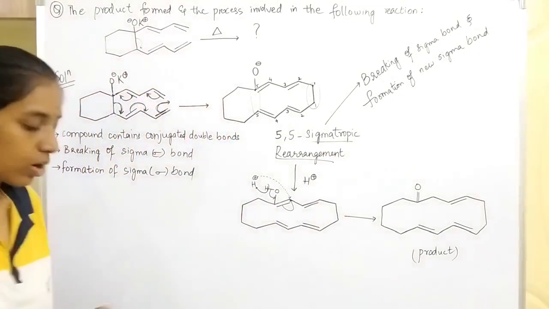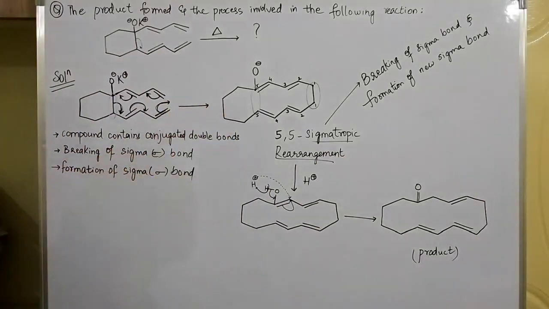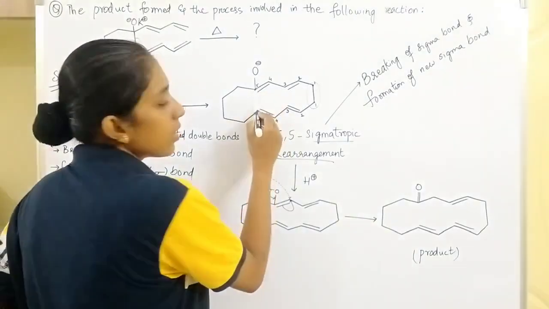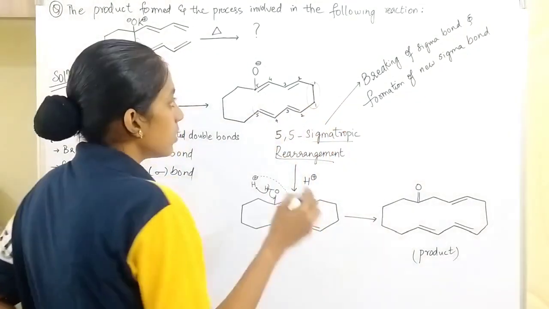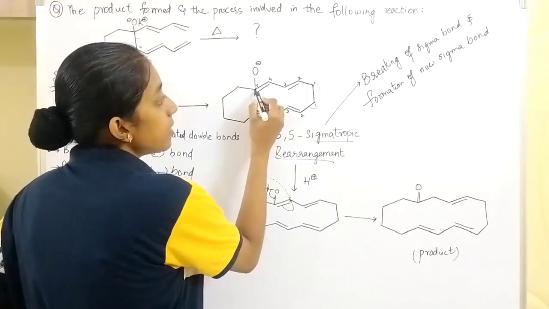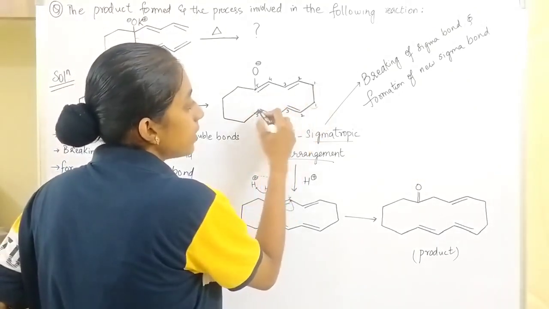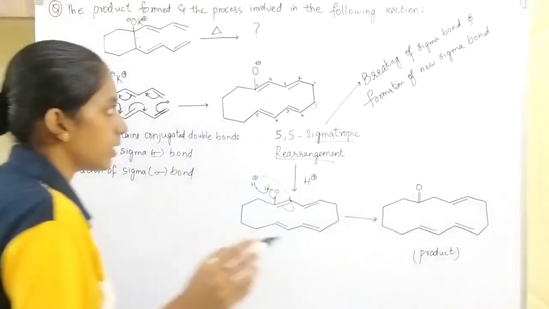Now we have to see what type of sigmatropic rearrangement is seen in this given product. So here what happens is, these two ends are of a sigma bond and even these two ends are of a sigma bond. So the number of atoms present between these two ends and the number of atoms present between these two ends gives us the type of sigmatropic rearrangement.